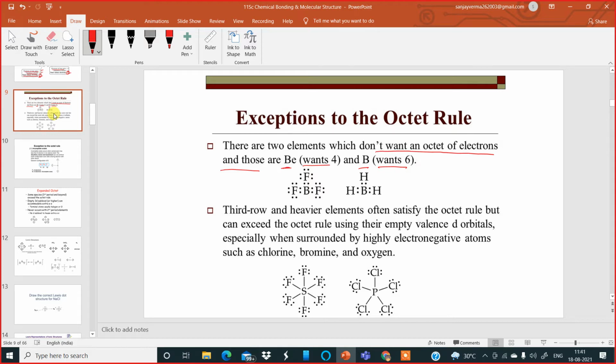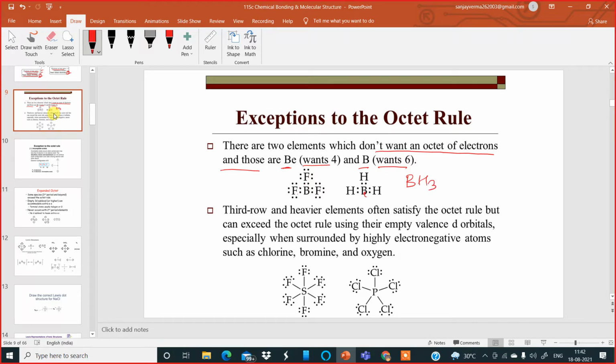This is boron, BF3. This one is, I think, BH3. Now here, after bond formation, after combining with fluorine atoms, 1, 2, 3, 4, 5, 6. Here also, this is BH3. It is having 6.